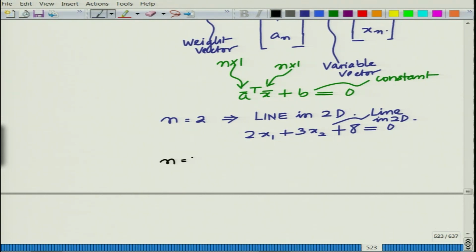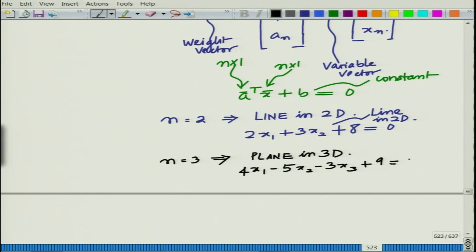Now, n equal to 3 implies this is our regular plane in 3D. You might have learned this in high school. For instance, 4x1 minus 5x2 minus 3x3 plus 9 equal to 0. This is a plane in regular three dimensional space.